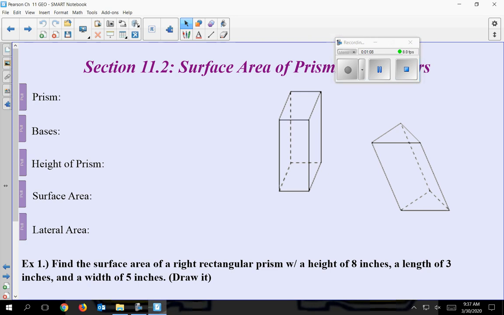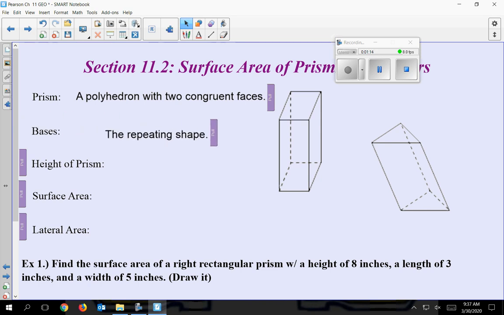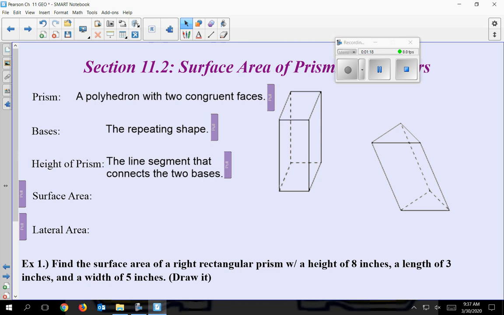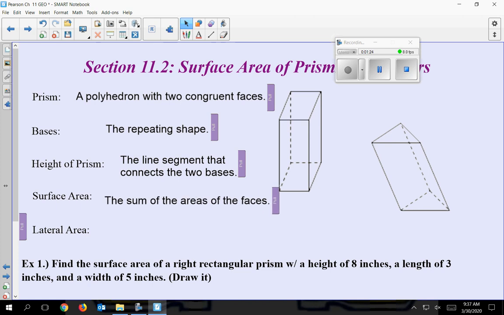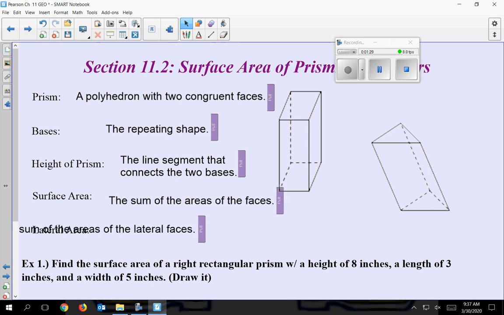So prism, bases, height of prisms, surface area, and an important one, the lateral area. Okay, so let's write those down.